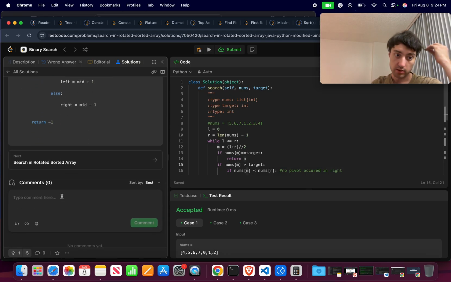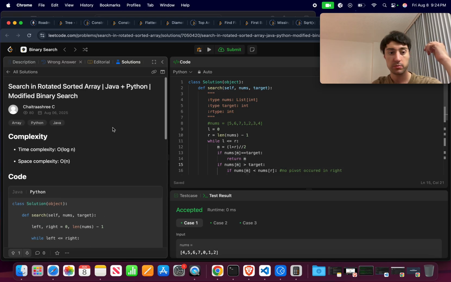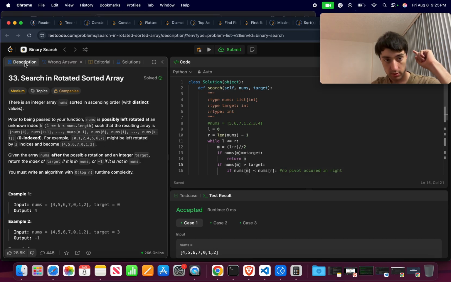I really hate this problem. This is a terrible problem. It's a very valid problem, but I should be able to do it. I don't know why it's giving me so much trouble. I just feel like I want to kind of move on and not look at this problem ever again.